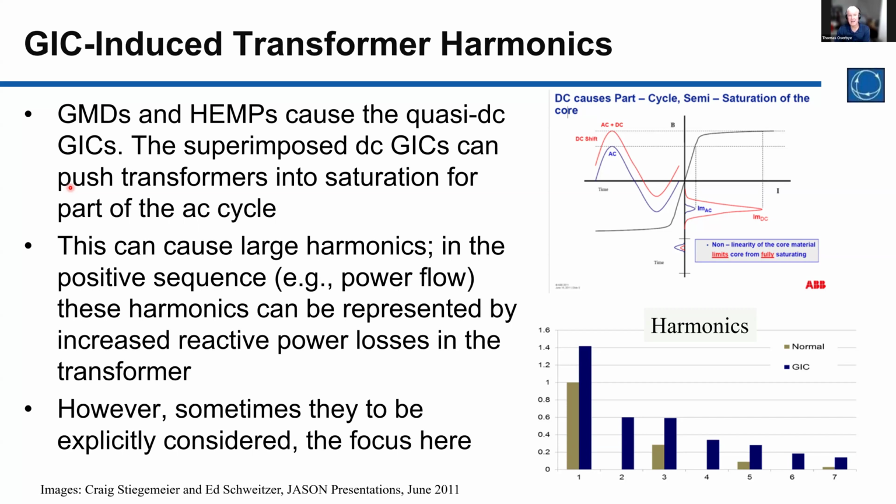So when we analyze this in a power flow, we look at the positive sequence impact of these harmonics, and we represent it by increased reactive power loading on the transformer. But sometimes you need to actually consider the harmonics, and that's the focus here.